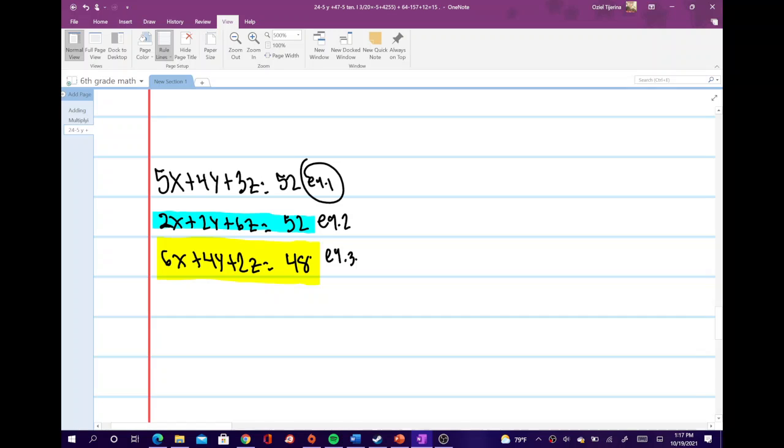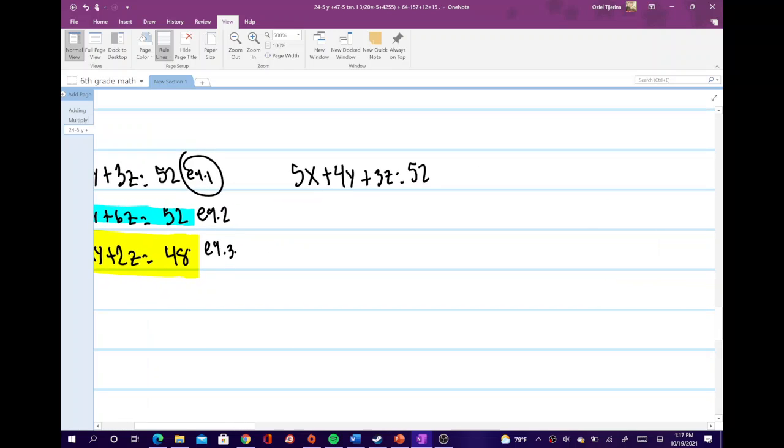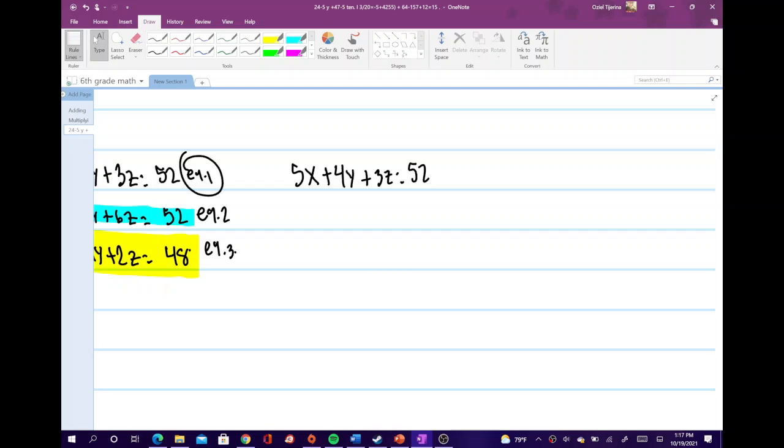Okay, so basically, we have 5x plus 4y plus 3z equals 52. I'm going to solve for x, so we're going to subtract 4y and 3z on both sides.